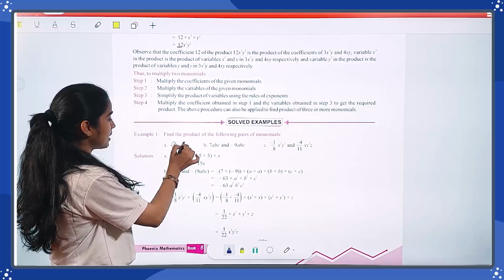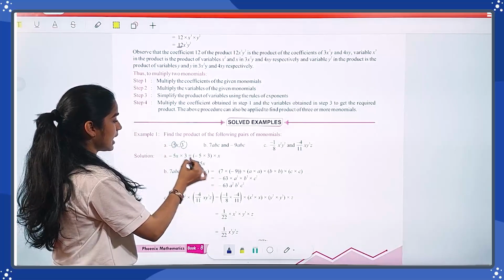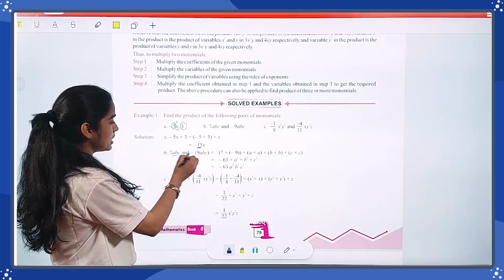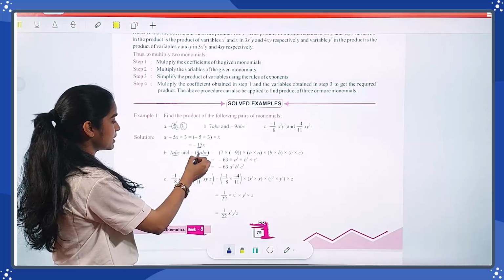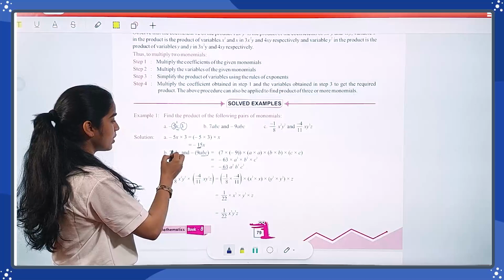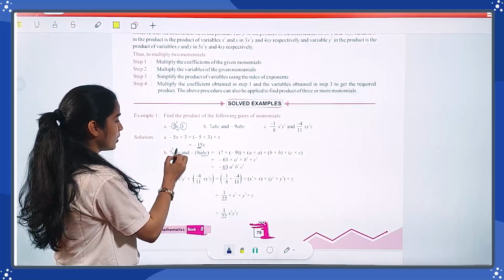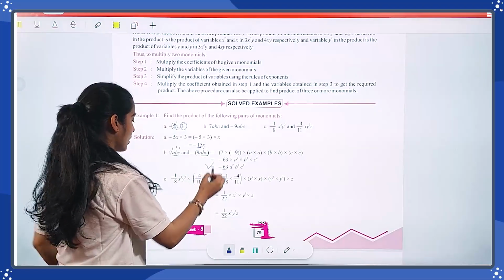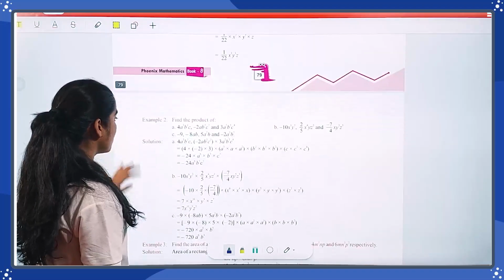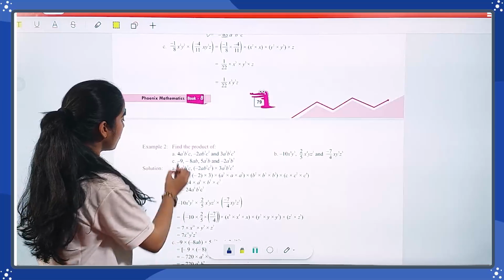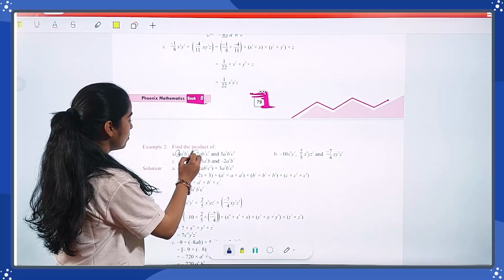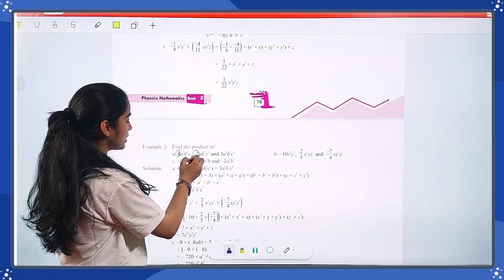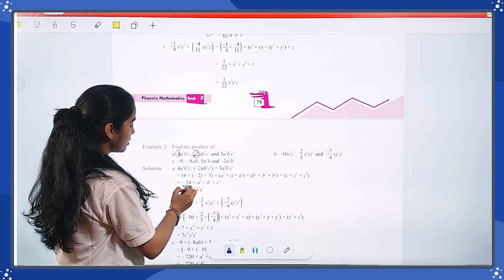5 multiplied by 3 is 15, and x is only 1, so 15x. Now, a, b, c the same, so 7 multiplied by 9 is 63. The powers 1, 1, 2, 1, 1, 2, 1, 1, 2. In that way you have to solve these questions. Find the product of this. So now 4 multiplied by 2 is 8, 8 multiplied by 3 is 24, and we have a minus sign, so minus 24.